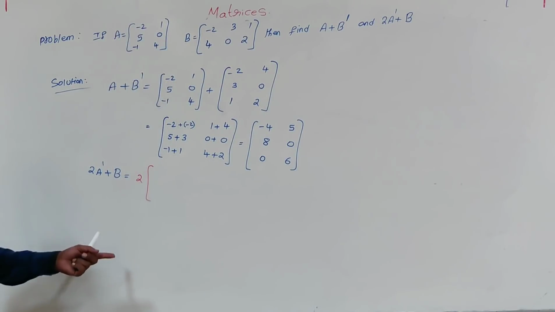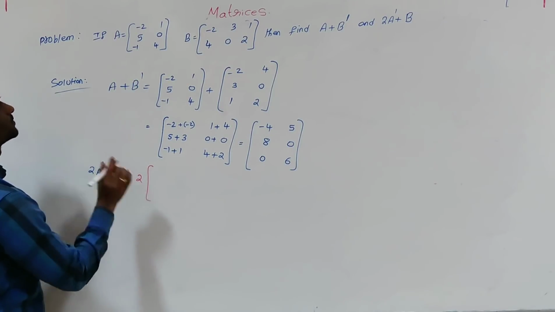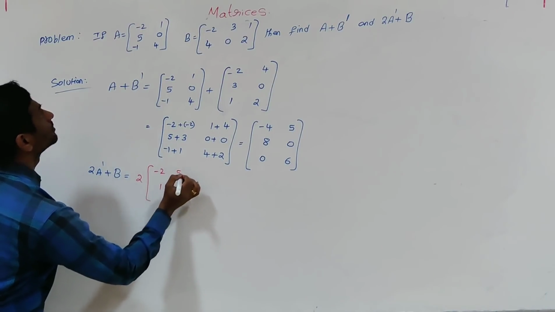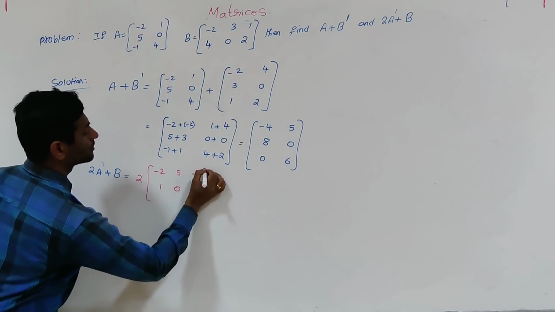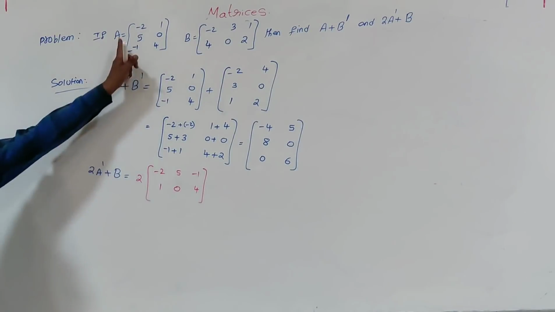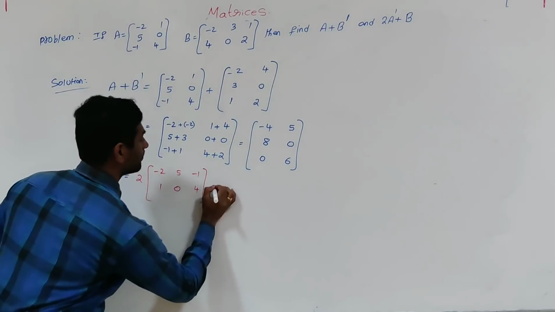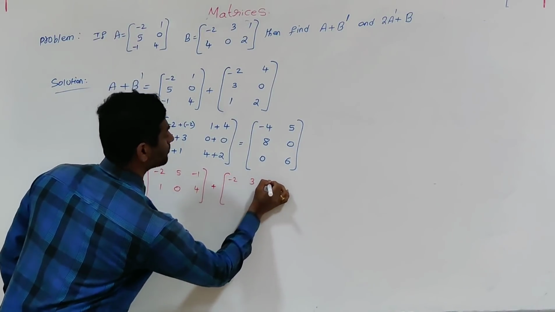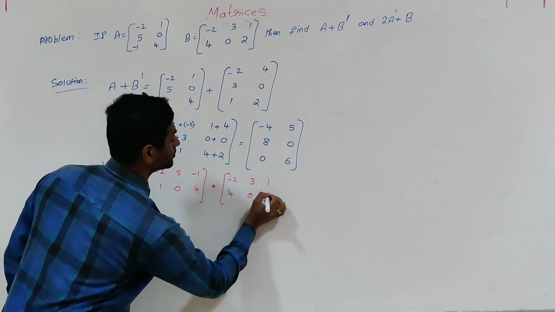When we transpose it, it will be 2 by 3. Transpose: minus 2, 1, 5, 0, minus 1, 4. It is the transpose of matrix A, plus B matrix: minus 2, 3, 1, 4, 0, 2.